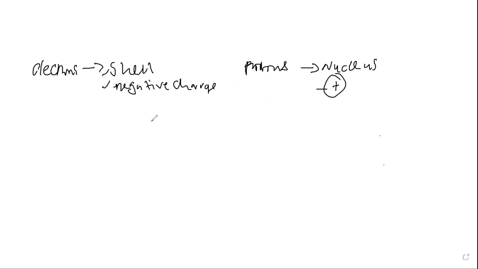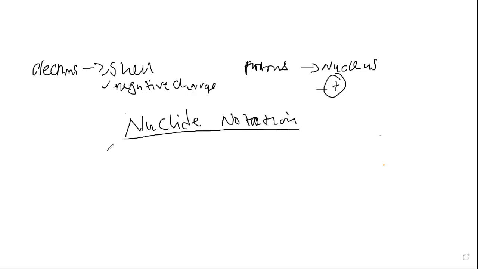All right. So we are now going to look at what we call the nuclide notation. Nuclide notation. So now, this nuclide notation takes a symbol X. So this X means this can be any element.